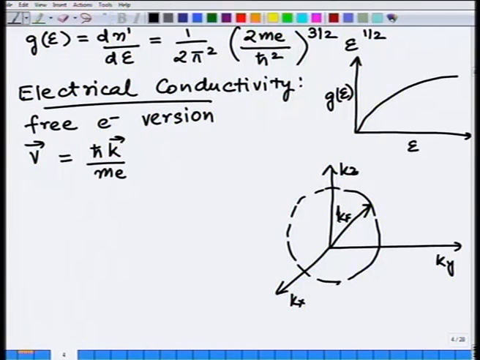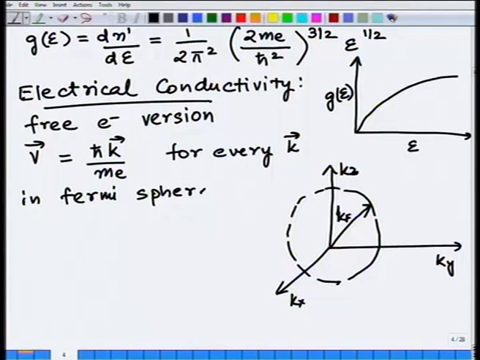So, up to here all these electrons are filling up. Now, you notice that for every k in the Fermi sphere, there is a minus k vector also.